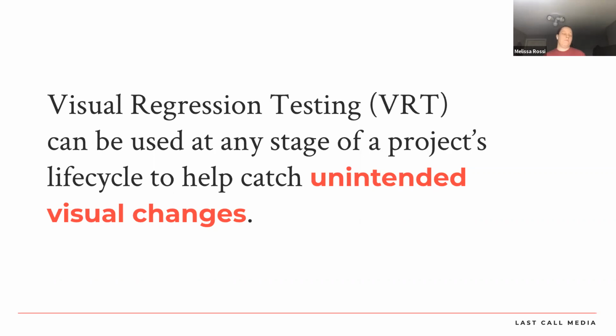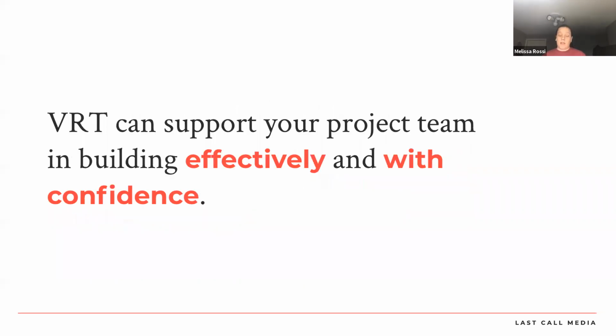It is one of many. VRT can support your project teams in building effectively and with confidence. It is just another pair of eyes on your web pages when you make changes. It's just that double check.